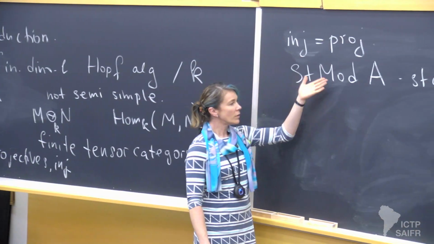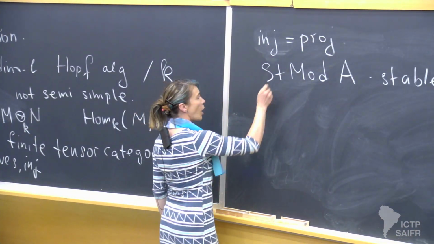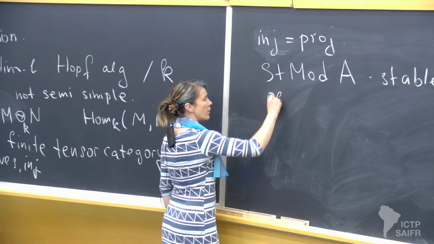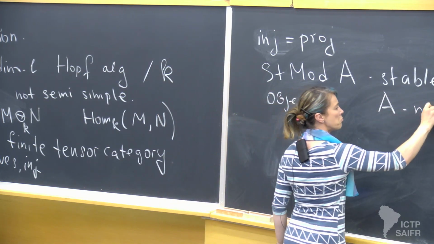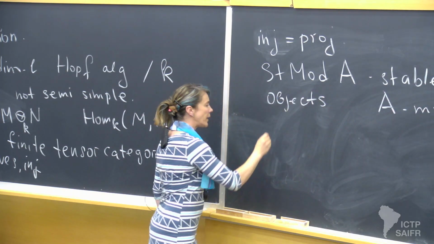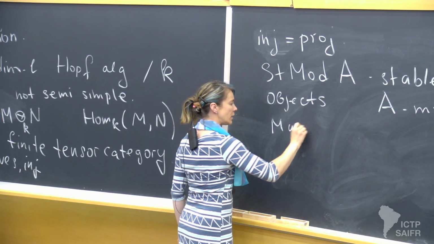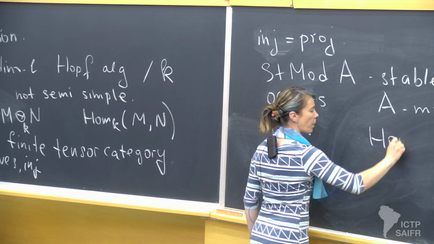OK, so what kind of category is that? For the objects here, I'm just going to define what it is. For the objects, we just take A modules. So it's the same as before. But for the maps, we do the following thing.